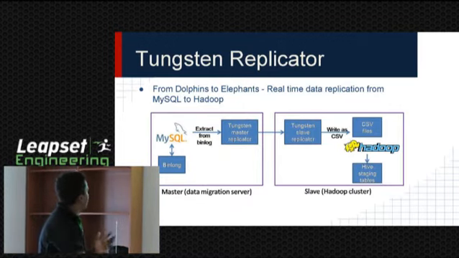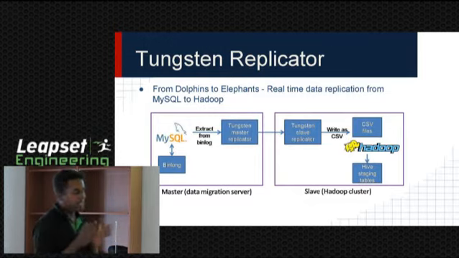The Tungsten master replicator listens to the binlog and replicates the changes to the Tungsten slave replicator in real time. The Tungsten slave replicator converts these changes to CSV records and stores them in CSV files in Hadoop file system, so we can later use them for analysis.